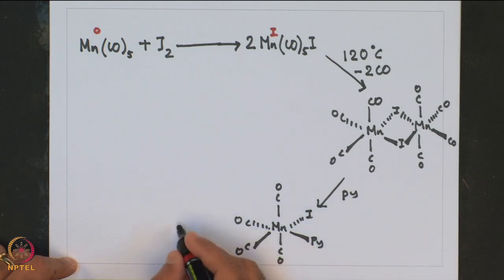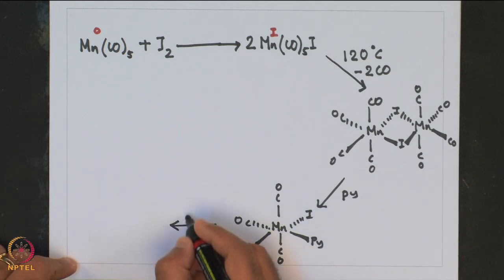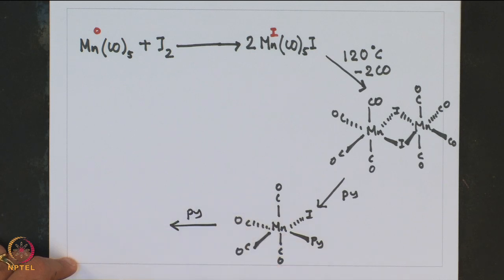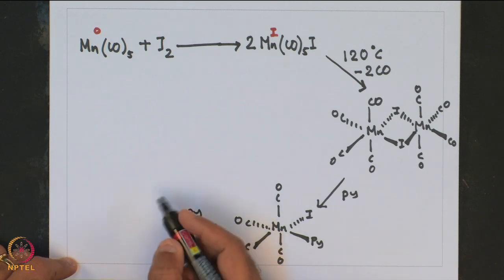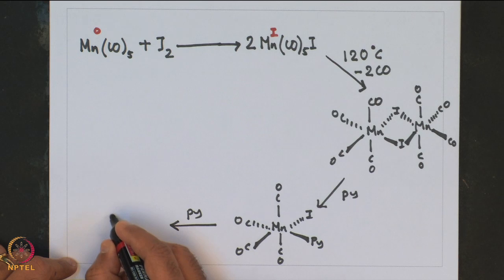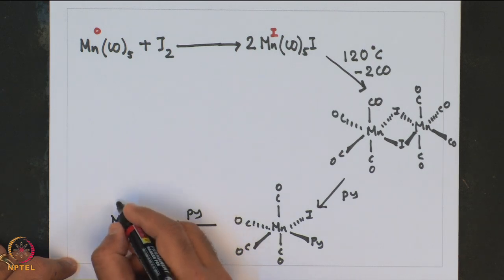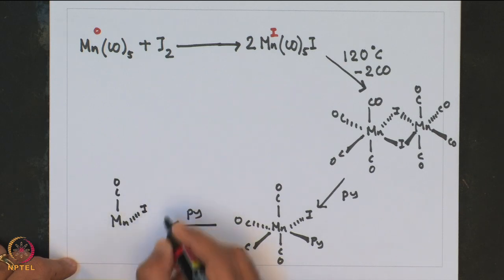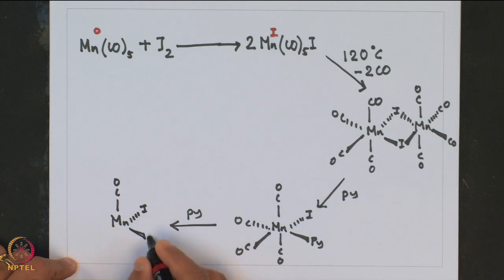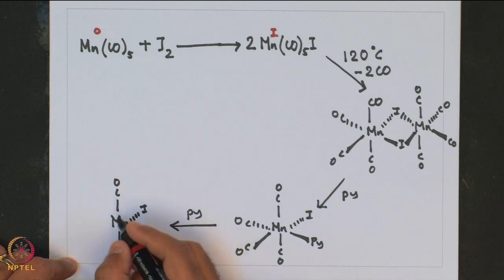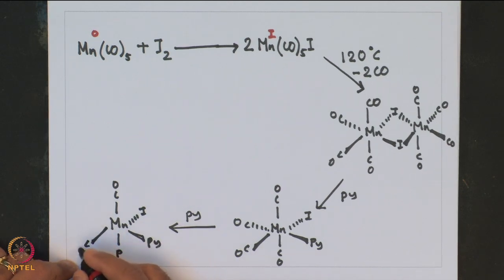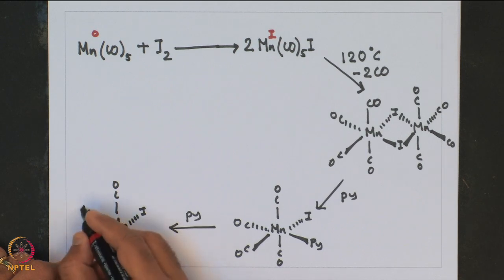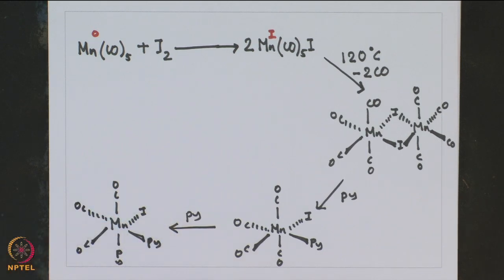Now, in excess pyridine, another CO is lost to give the following Mn(CO)3(py)2I complex.